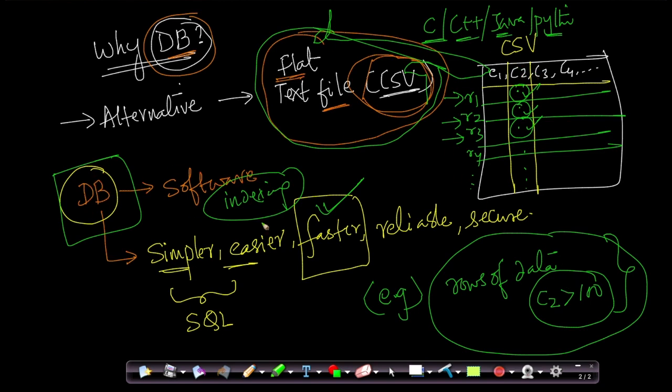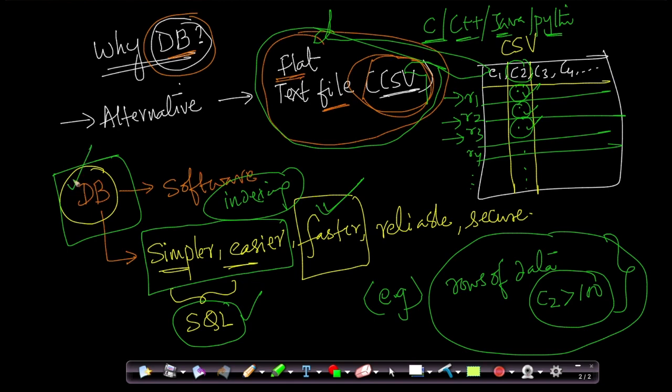So a database provides a very simple and easy to use language called SQL, which we'll learn later in this chapter, with which all you have to say, literally, is: I want all the rows where this column value is greater than 100, without worrying about anything else.